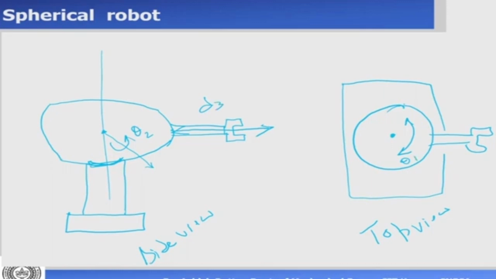So what is the shape of the work volume of this spherical robot? We start off by drawing. d3 can go from here to there. It's a straight line, from the extreme extended position to the extreme retracted position. Then theta 2 is moving, so theta 2 maybe can go like this from here to here.